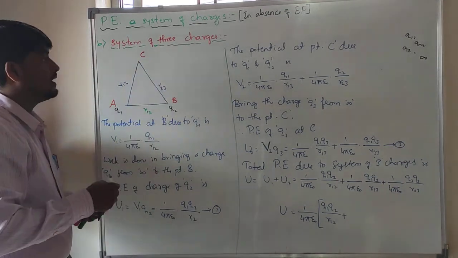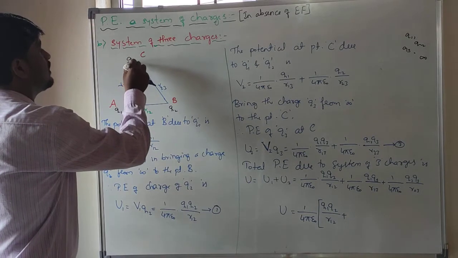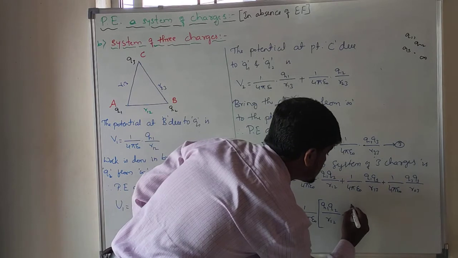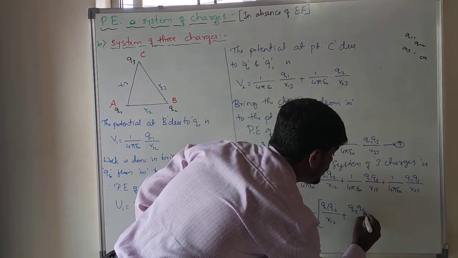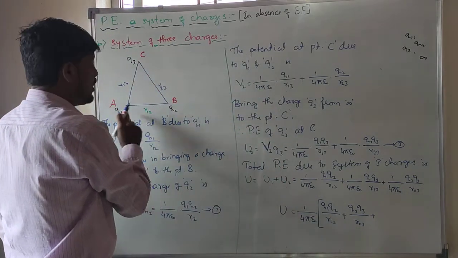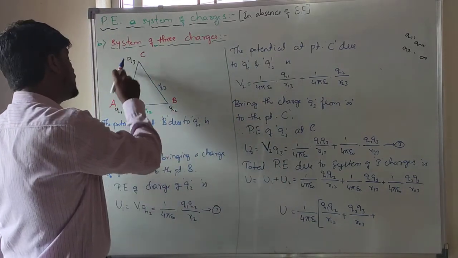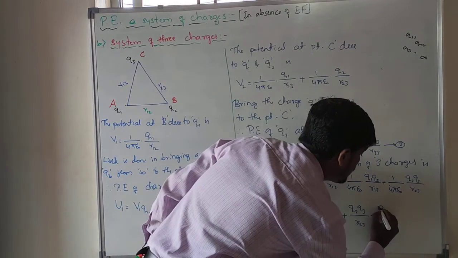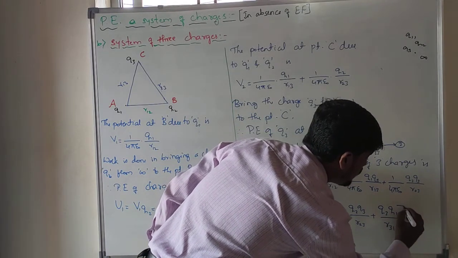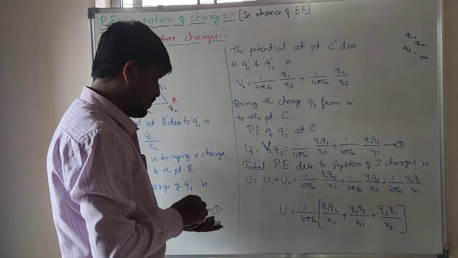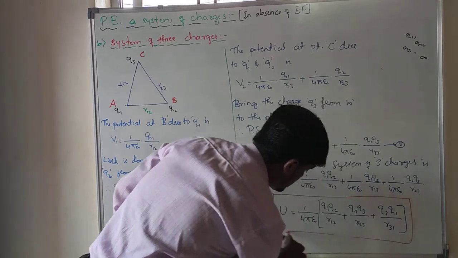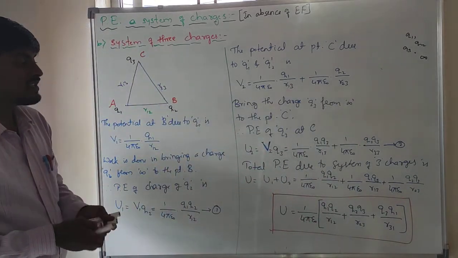So I have to write here the charge 2 3, so Q2 Q3 divided by R23 plus, 1 2 got over, 2 3 got over, now 3 1. So it is now Q3 into Q1 divided by R31. This is the potential energy of a system of how many charges? Three charges. It is completely cyclic.